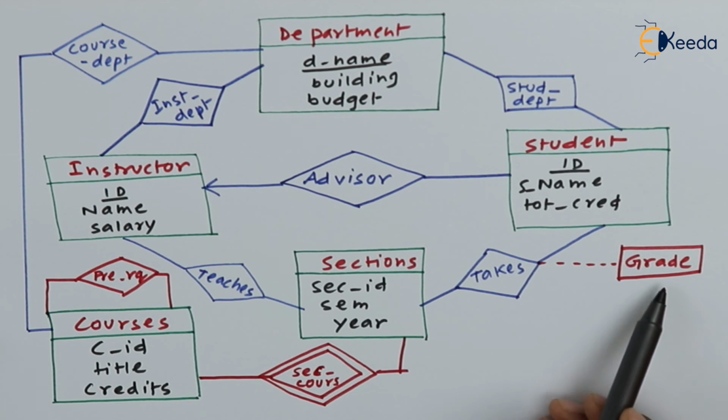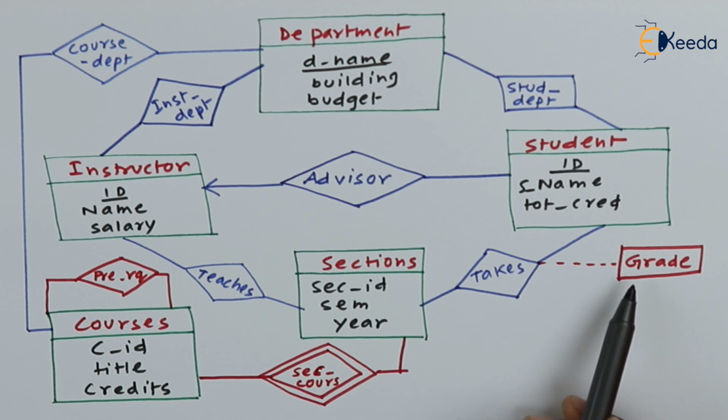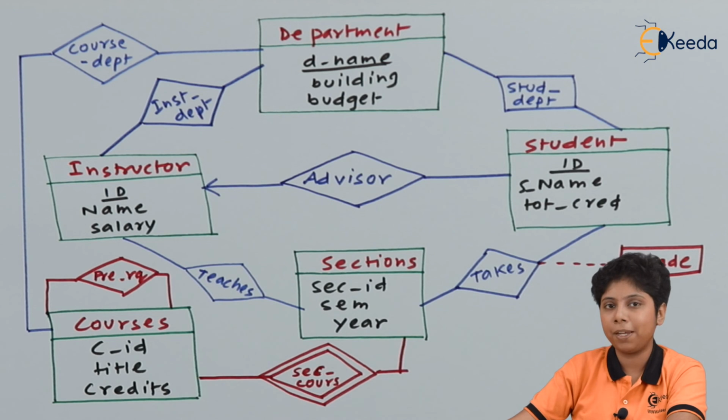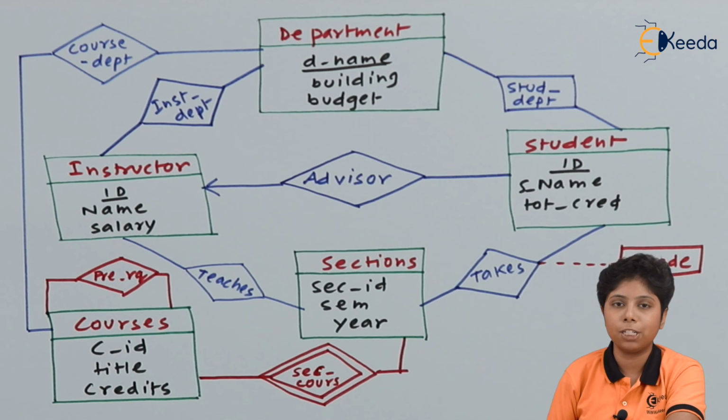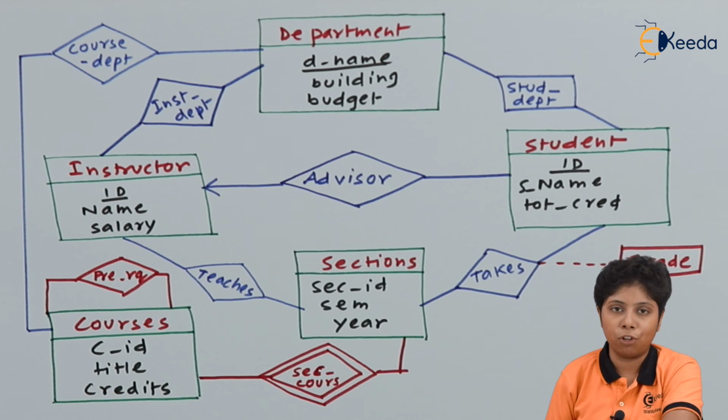So if the total credit is given, we can derive the grade, and the grade can also be an attribute attached to the takes relationship as an individual one. So that is the basic logical relationship idea on a university enterprise in the ERD. So that is all for the entity relationship diagram, basic structure and representation.